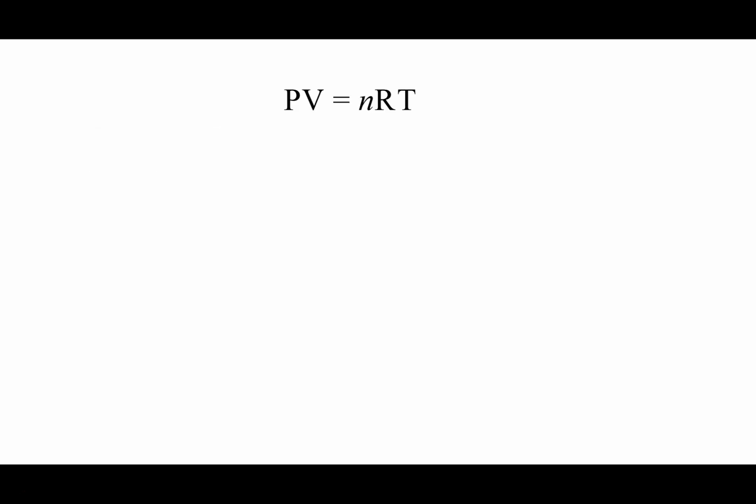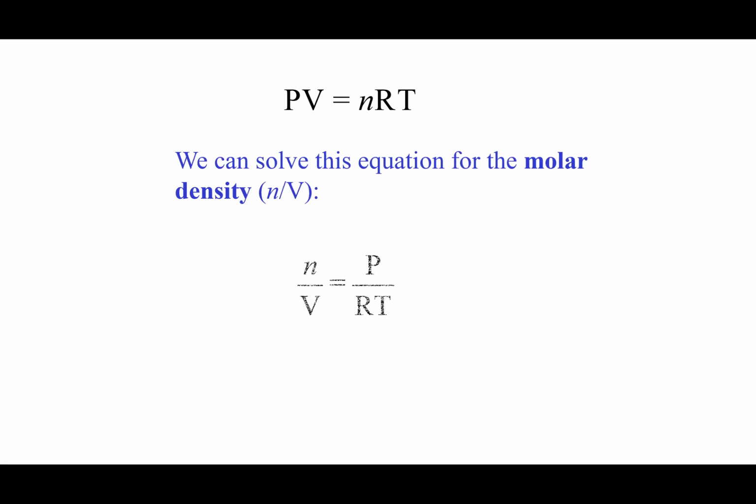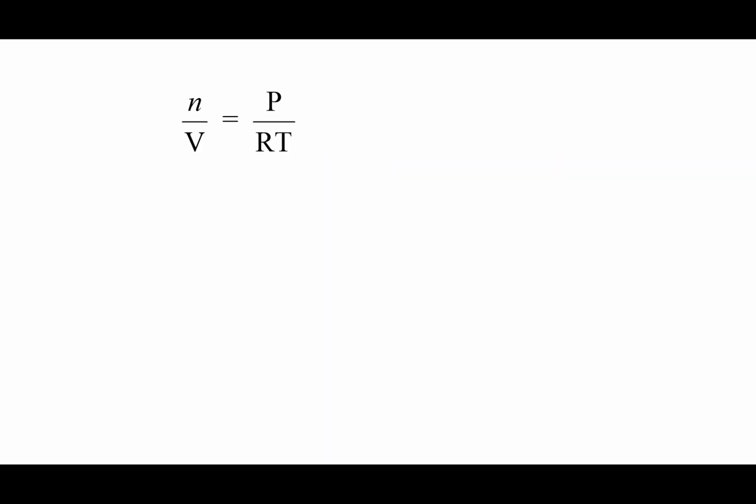So in this case, what I want to do is rearrange PV equals nRT to have N divided by V. Let me know if you have problems with the algebra. Solving for N over V, we get this relationship: N over V is equal to the pressure divided by R times T. So pressure in the numerator, R and T in the denominator.